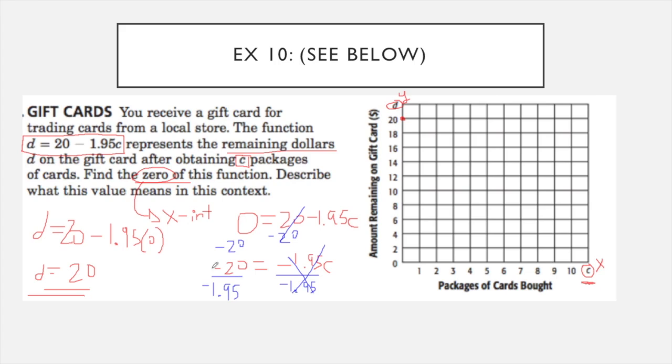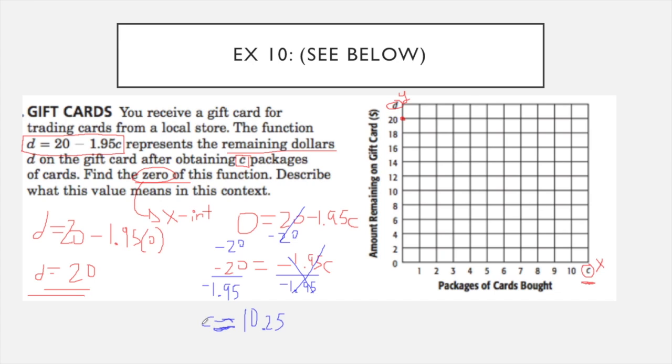So c will equal 20 divided by 1.95, and we have to keep in mind that this will be a positive number. So if we divide this, and you can check this in a calculator, c will equal 10 and about a quarter, about 0.25. And this is an approximation, so these should be wavy equal signs here.